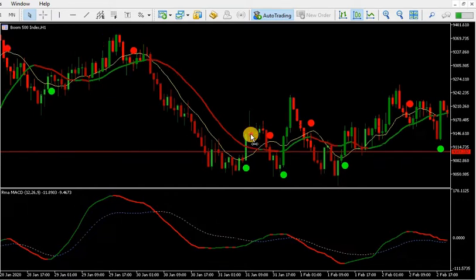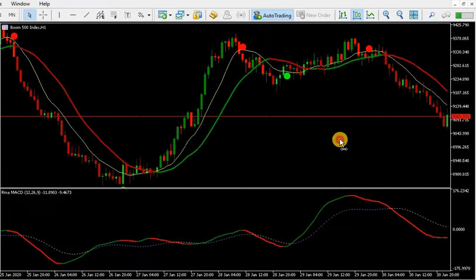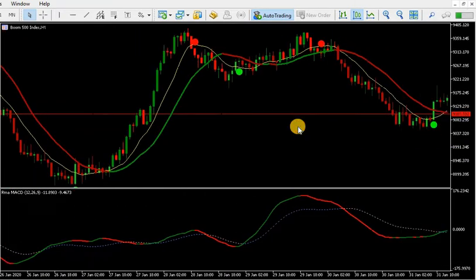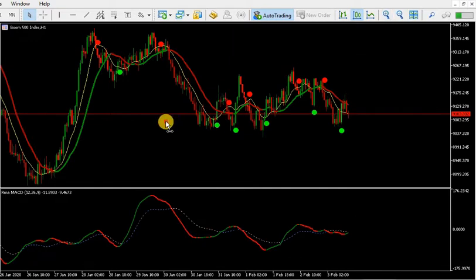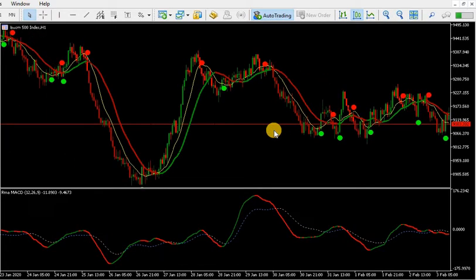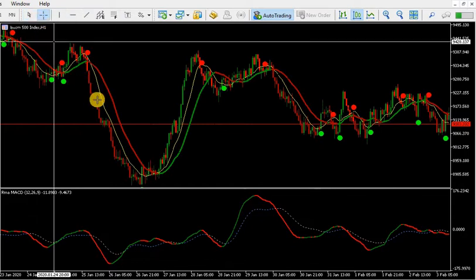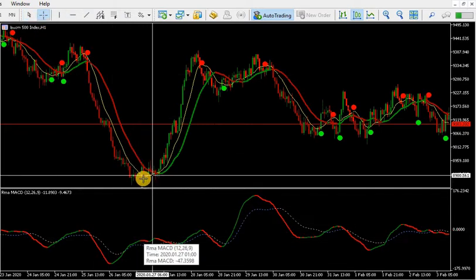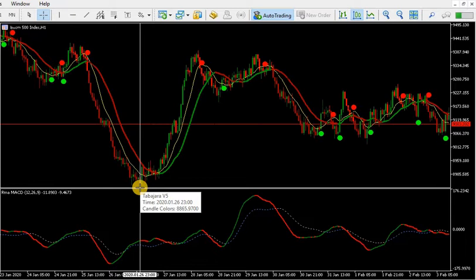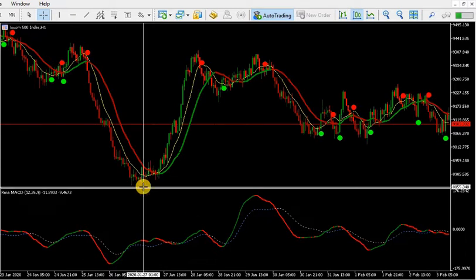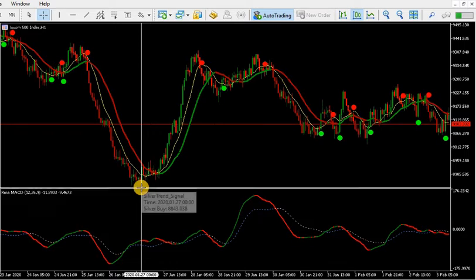Next one. Let me show you how we buy. Look here, there is a little dot showing that is not appearing on this chart.